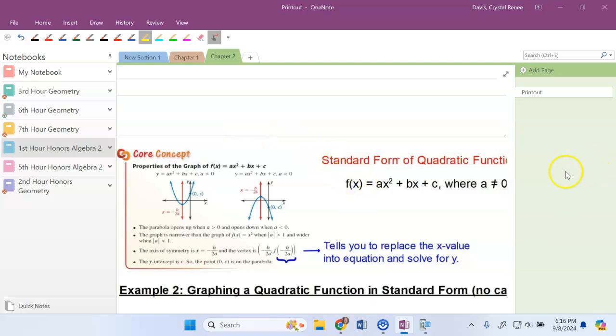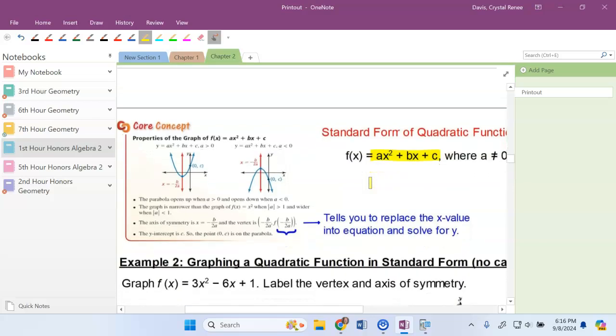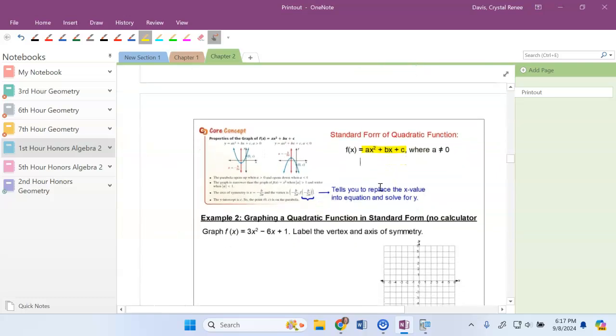Look at standard form, which is ax squared plus bx plus c. Obviously, it's not nearly as easy to pull out the vertex when it's written in this form, but we are going to find a way that it's pretty easy to calculate. Anytime we're in standard form, I can easily find the vertex, or maybe I should say the x value of the vertex.